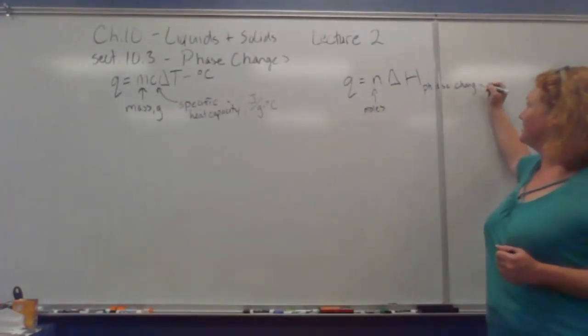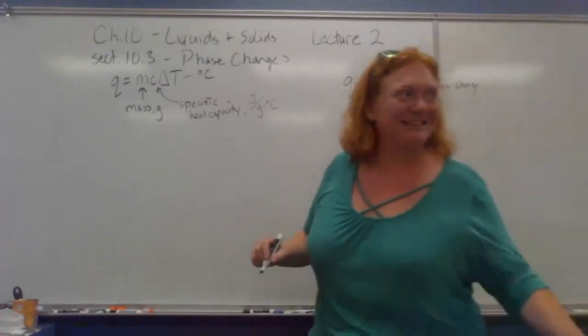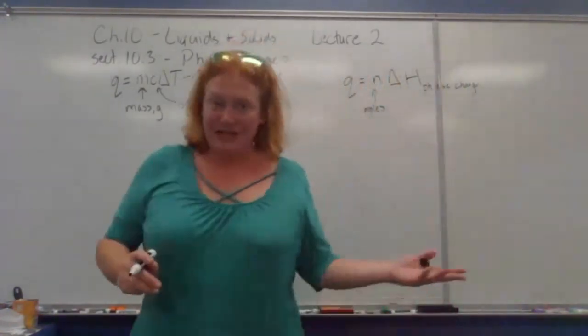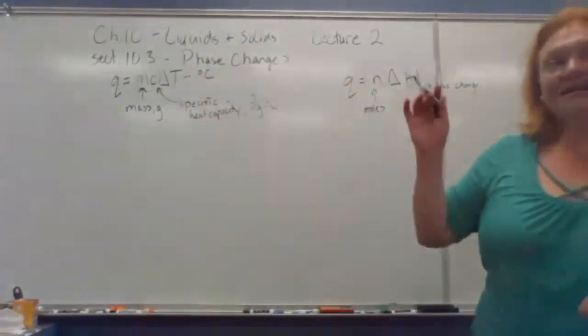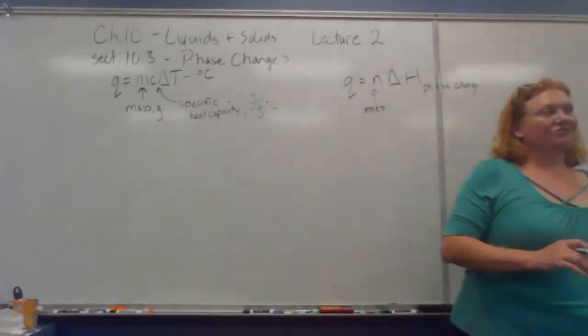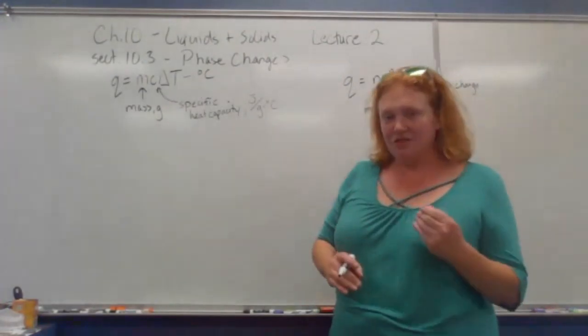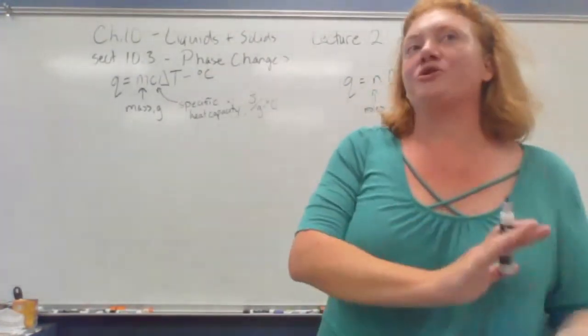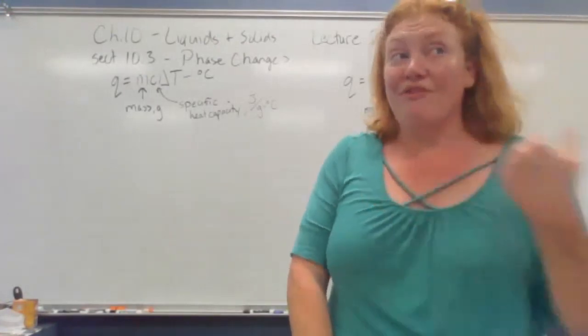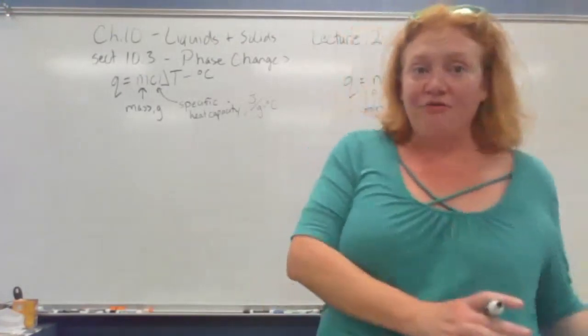If it's melting, that's called heat of fusion. If it's vaporization, it's heat of vaporization. Then there's condensation and freezing. We talked a little about that yesterday, and we're going to see more times when it's important to know: am I condensing or vaporizing? Am I melting or freezing?